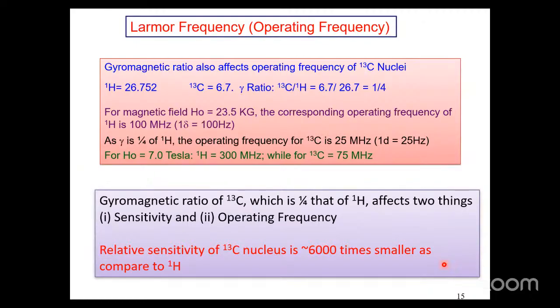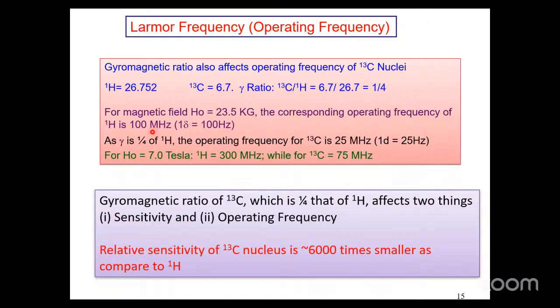Coming to how to calculate the operating frequency for the H1 and C13 nucleus, we require the gyromagnetic ratio. I have already given 26.7 for hydrogen and 6.7 for carbon-13. The ratio is 1 by 4. For a magnetic field of 23.5 kilogauss, the corresponding operating frequency for H is 100 megahertz.